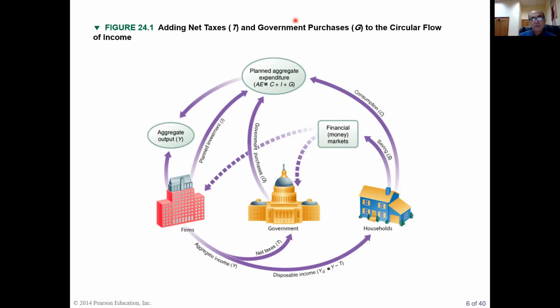Here, before starting to explain the equilibrium point according to three sectors, I have to remind you about the equilibrium point in two sectors. In two sectors, we have Y as total income equal to C, consumption, plus S, saving.